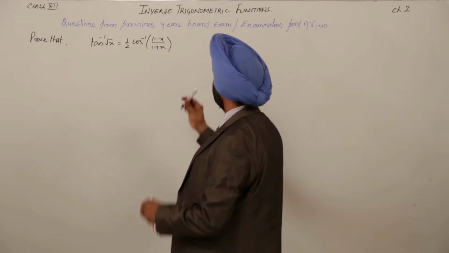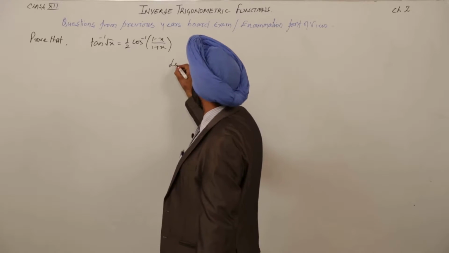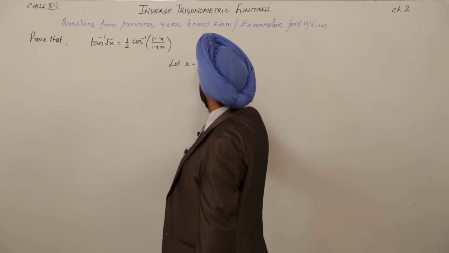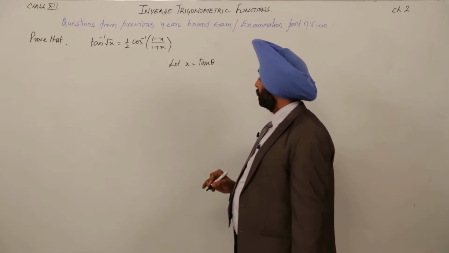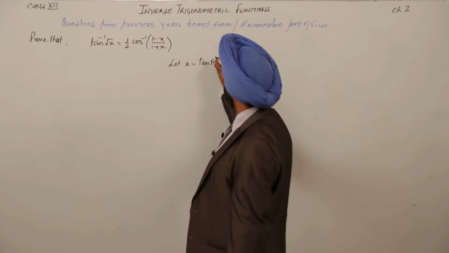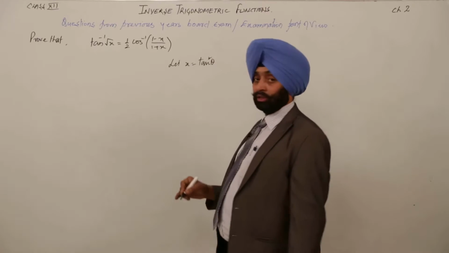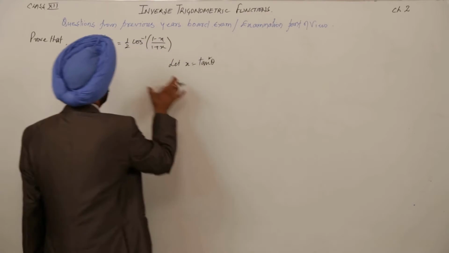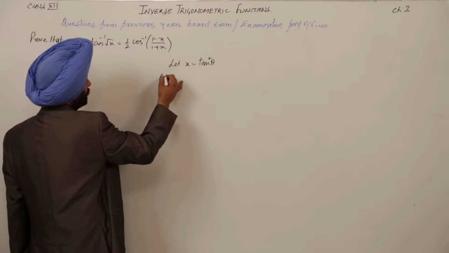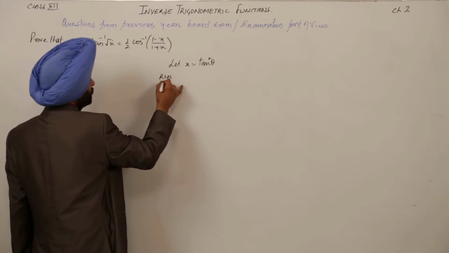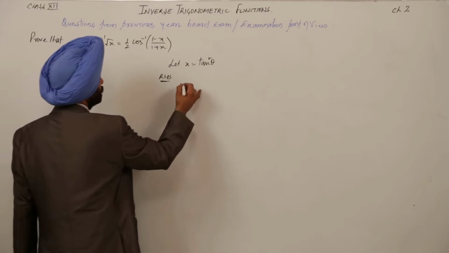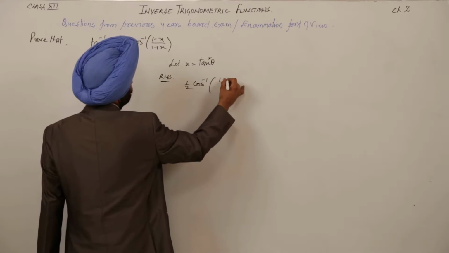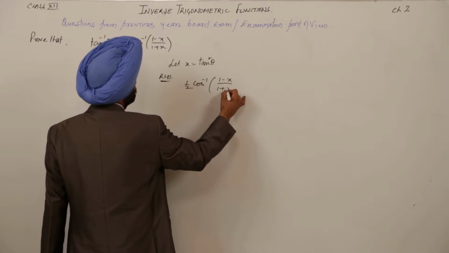Now let x be equal to tan square theta. Here we are putting, let x is equal to tan square theta. Now in our right hand side, I am moving with the right hand side, we have half cos inverse of (1 minus x) upon (1 plus x).